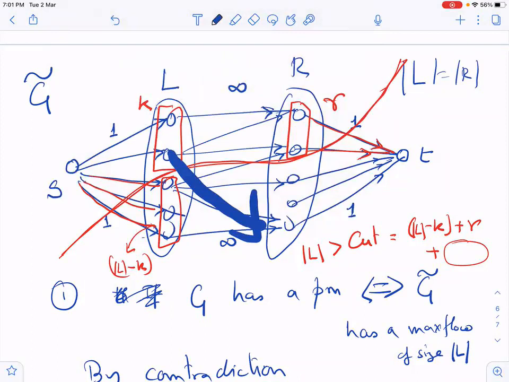All these edges have capacity 1. That's why I counted it as L minus K. All these edges have capacity 1. That's why I counted it as r. But this edge has capacity how much? Infinity. So even if one edge is cut here, this will become infinity.